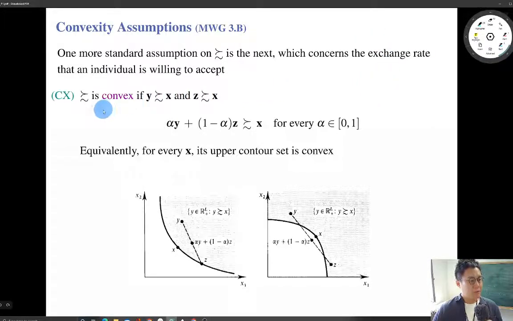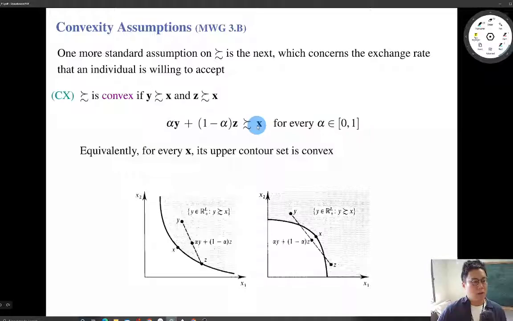The formal definition of this convexity assumption is: we say a preference relation is convex if for any three bundles x, y, z, such that the consumer prefers y over x and z over x, then any linear combination between y and z dominates the bundle x.